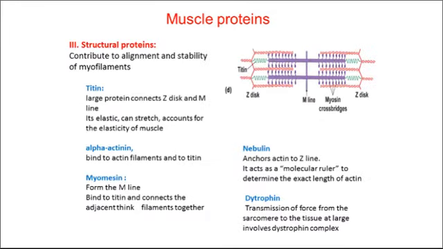Lastly, we have the structural proteins. Structural proteins include nebulin, titin, alpha-actinin, myosin, and dystrophin. We will start with the first one, which is titin. What is the action of titin? Titin is the protein which binds the M line to the Z line.